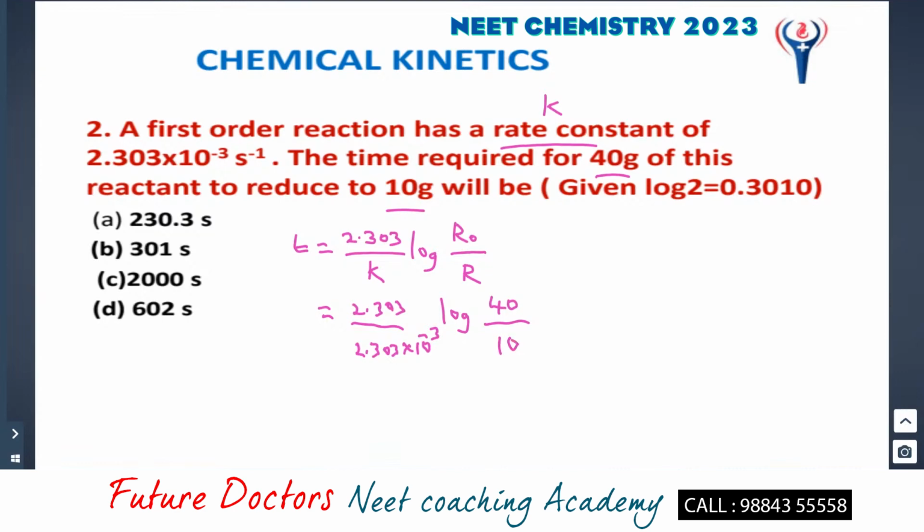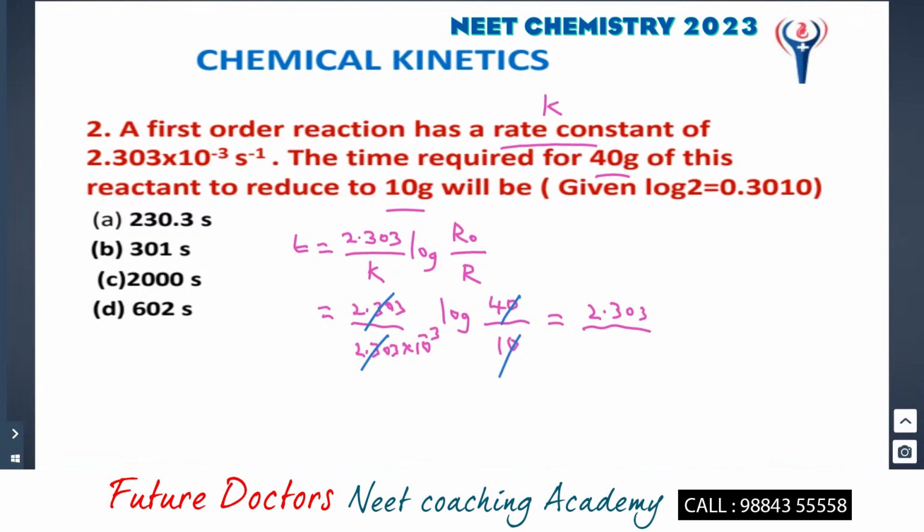You know that you can cancel this one. After that you can simplify very easily. So cancel this one. Log 4 is log 2 power 2. 2.303 by, so this also you can cancel. Why should we write once again?